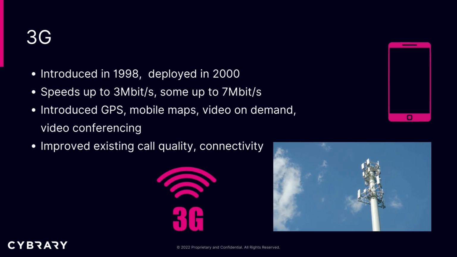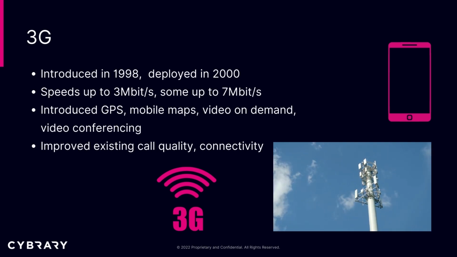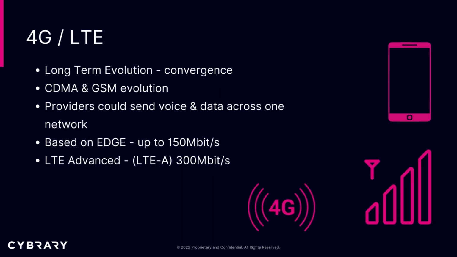So 3G brought all of those new innovations and faster connectivity, and you can see that we're advancing in our technology. From 3G, we went to 4G, which is 4G LTE. Now, 4G LTE is a little bit more advanced. LTE, long term evolution, was a convergence of several technologies.